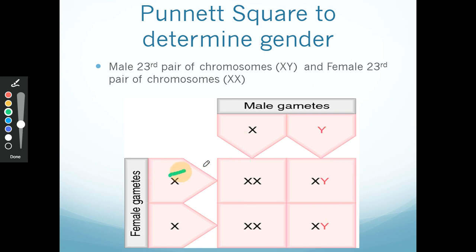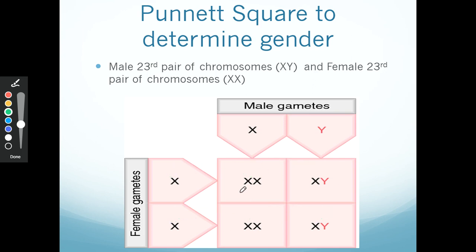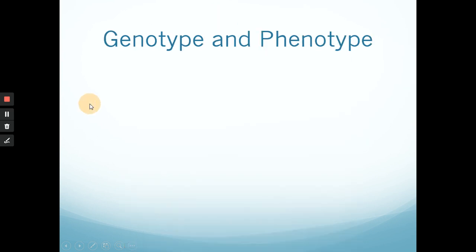And then we take the female across, do the same here. So if we look, these two would produce a female and these would produce male. So again, 50% chance of having a female offspring, 50% chance of a male offspring.